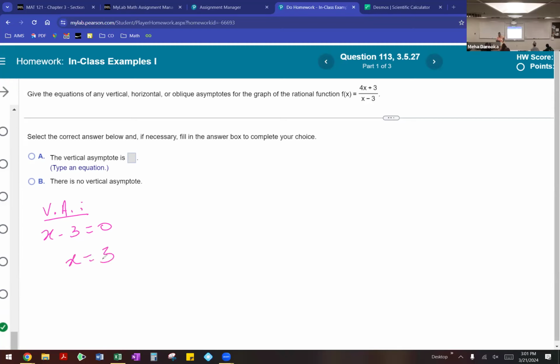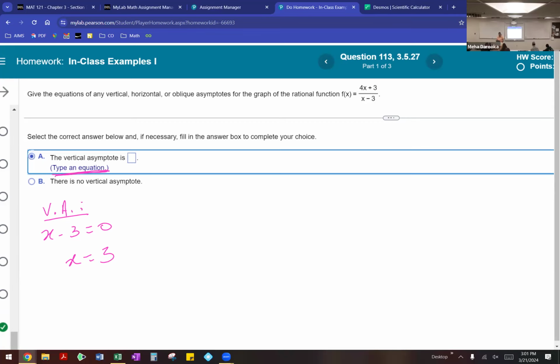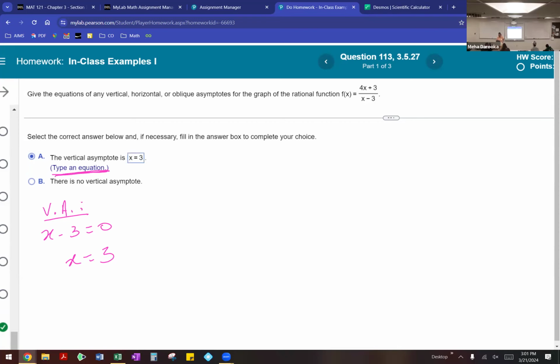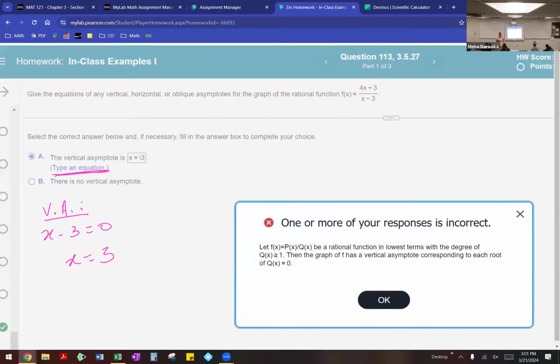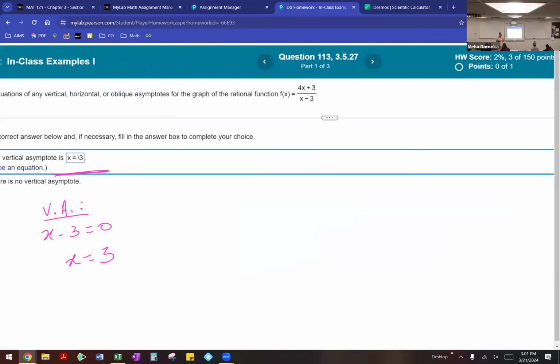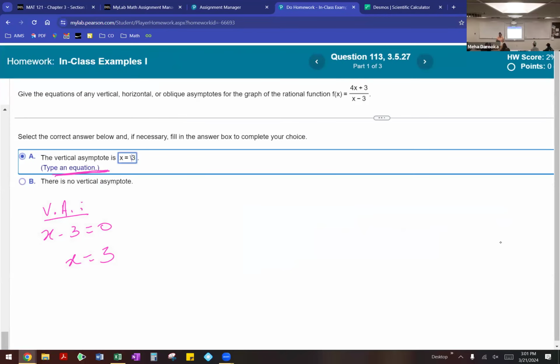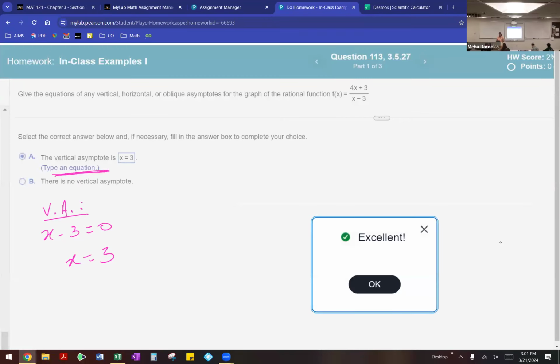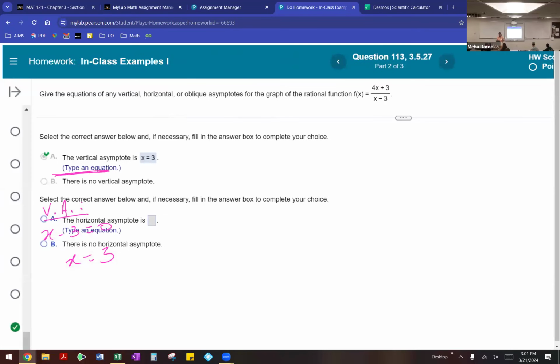Now this one, they're actually having you type the answer and you're not choosing. So remember, you do have to type an equation there, guys. Just don't put the number 3 by itself. Put the entire equation. So x equals 3. Sorry, I put a backslash. There we go. All right, x equals 3.